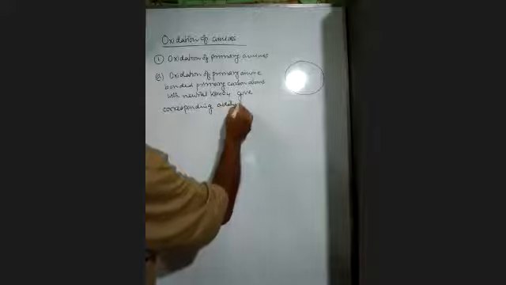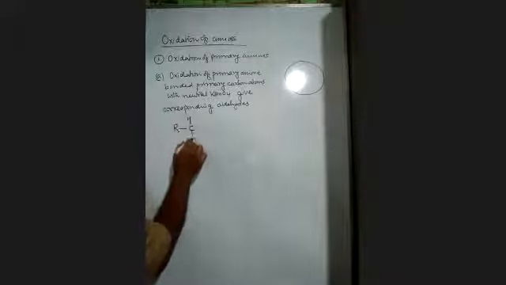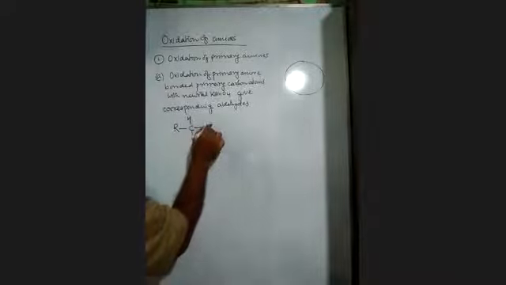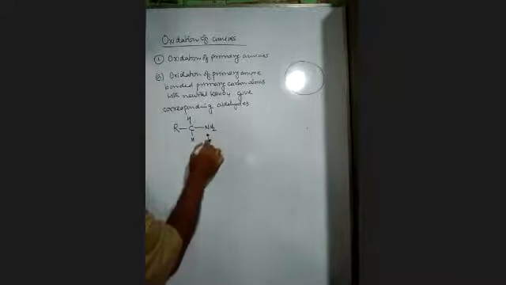See, very interesting. I'll tell you why it forms like this. First, I'll write like this. Say I have taken R CH2 NH2. See, this amine is primary, NH2 is there.